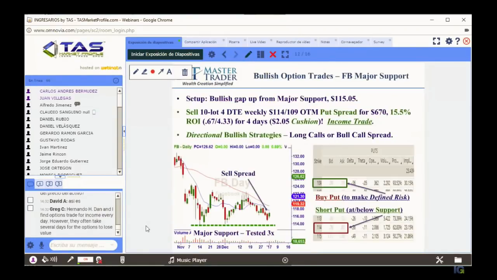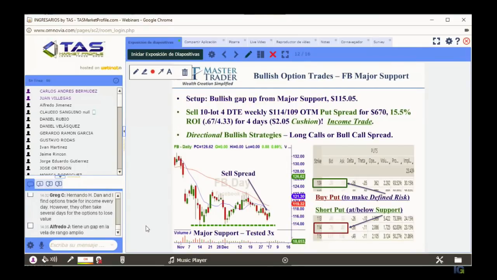This example now is also a bullish put selling setup, but it is called a bull put spread. So the only difference and the reason why we deploy spreads over selling naked puts is for two reasons.